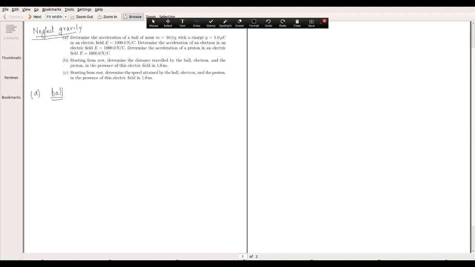So the force acting in that case is just the electric force. So we have mass times acceleration, the mass of the ball times the acceleration of the ball, equal to the force acting on the ball. The ball is electrically charged, so it is Q times the electric field. So the basic new concept here is that the force is charge times the electric field.